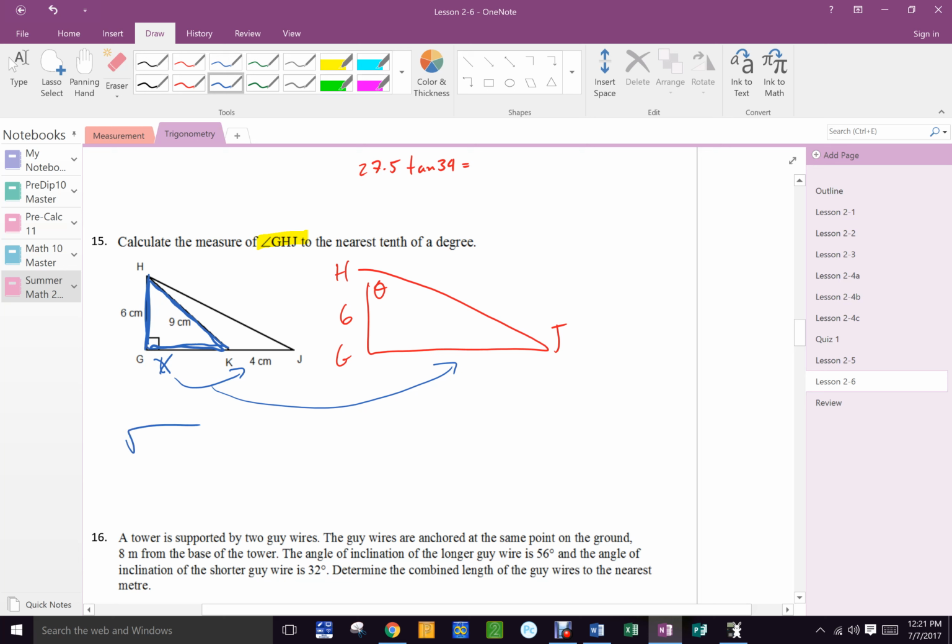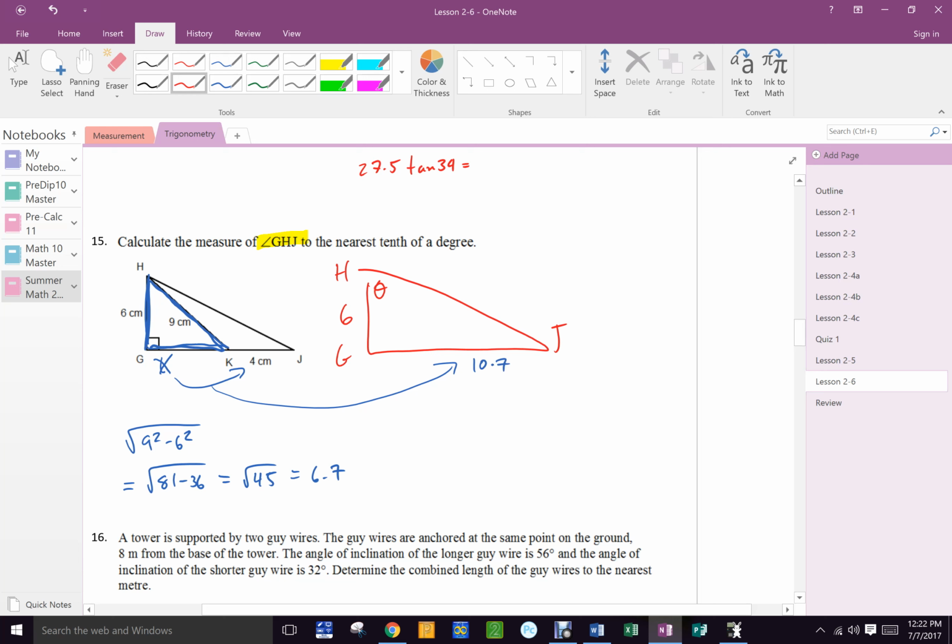How do you find that blue x? Pythagoras. Square root of 9 squared minus 6 squared, which is the square root of 81 minus 36, which is the square root of 45, which is going to be 6.7, somebody said? 6.7. So that means this whole bottom is how long? 10.7.